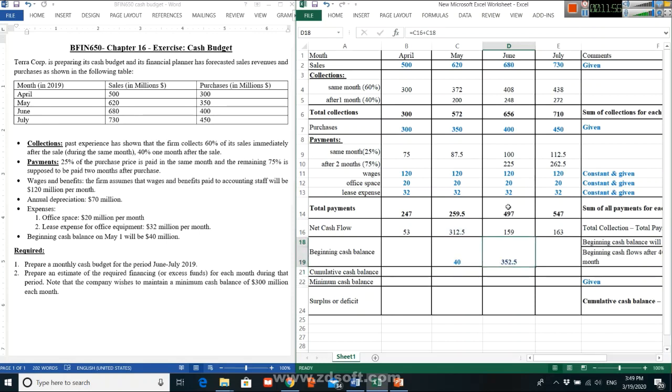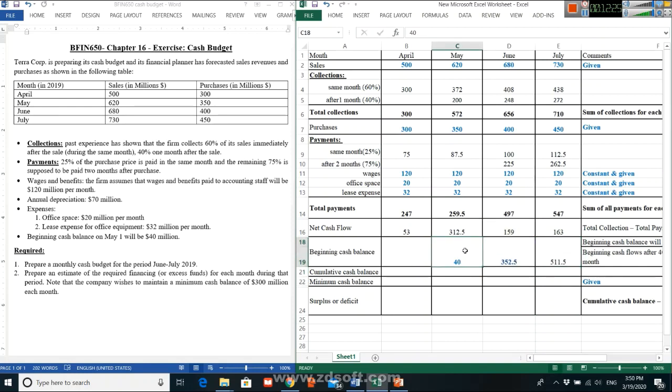So we will start June having $352.5 million, and we will add to these 352.5 the net cash flow. So at the beginning of July we will have the summation of these two, net cash flow plus the beginning cash balance.